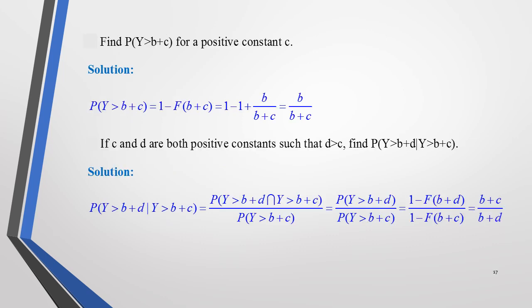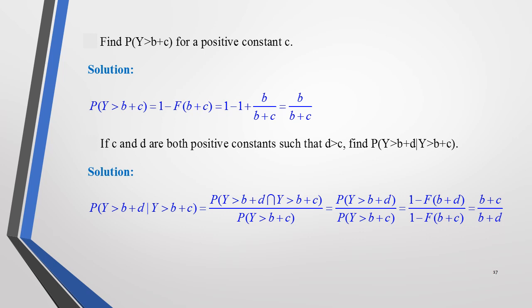C. Find the probability of y greater than b plus c for a positive constant c. The probability of y greater than b plus c equals 1 minus the probability of y less than or equal to b plus c, where the probability of y less than or equal to b plus c is the CDF evaluated at b plus c.